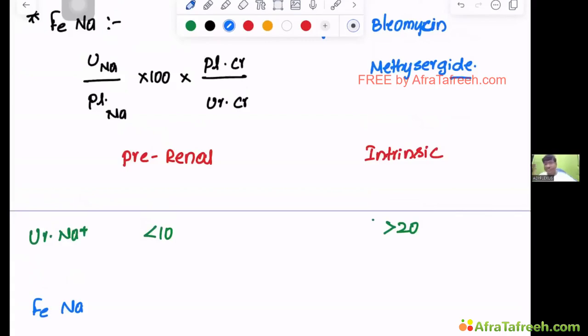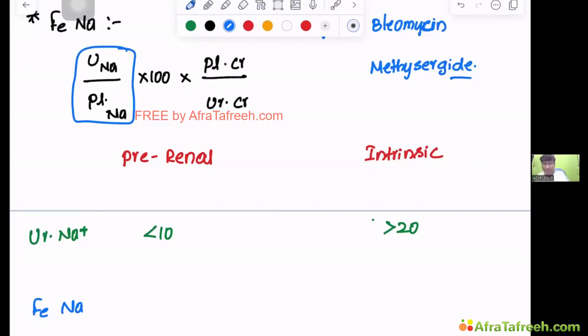So the amount of sodium coming to the kidney is reduced, and the amount of sodium in the urine is also reduced in case of your prerenal. Now tell me, what will happen to this ratio in case of the prerenal? Anyone? What will happen to this ratio in prerenal?